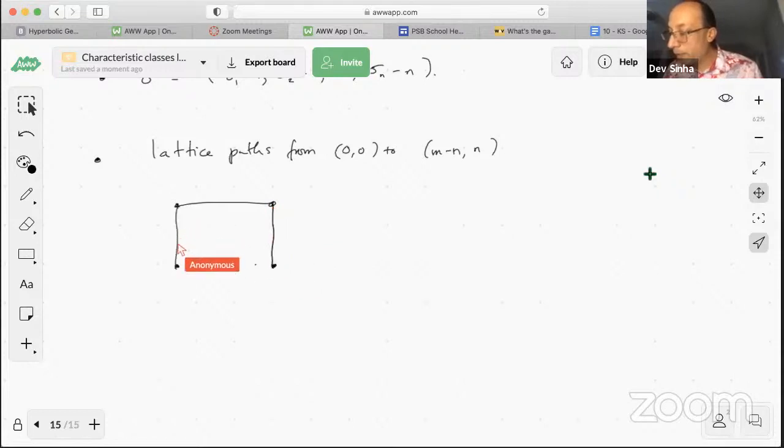So if this is my lattice, then every time I can move just to the right or up. Let me make it one higher, I realize, to be consistent with the example I had written before.